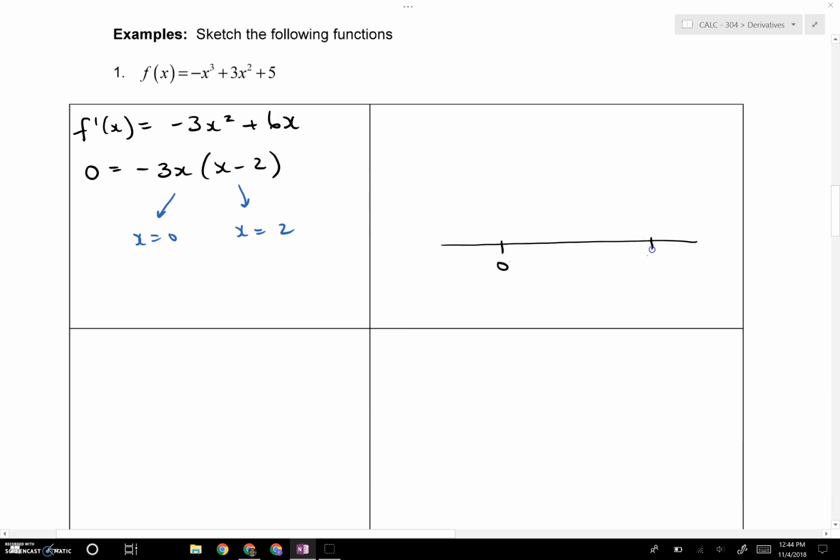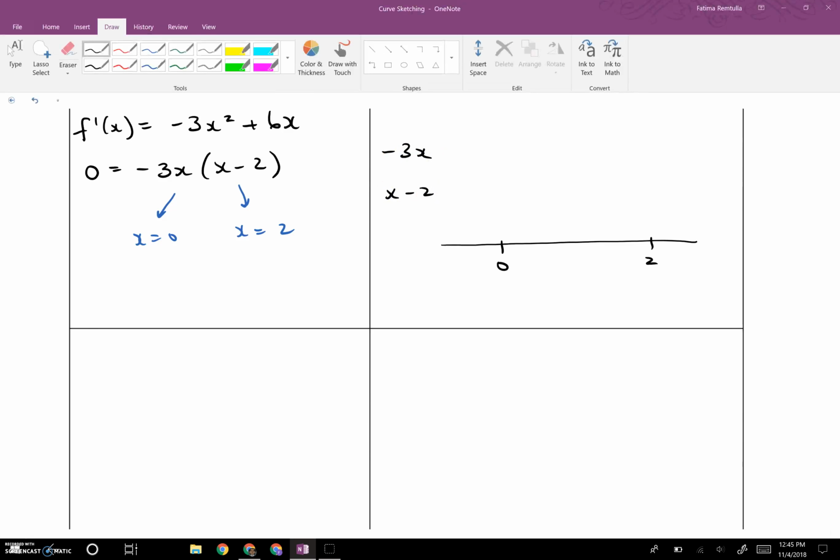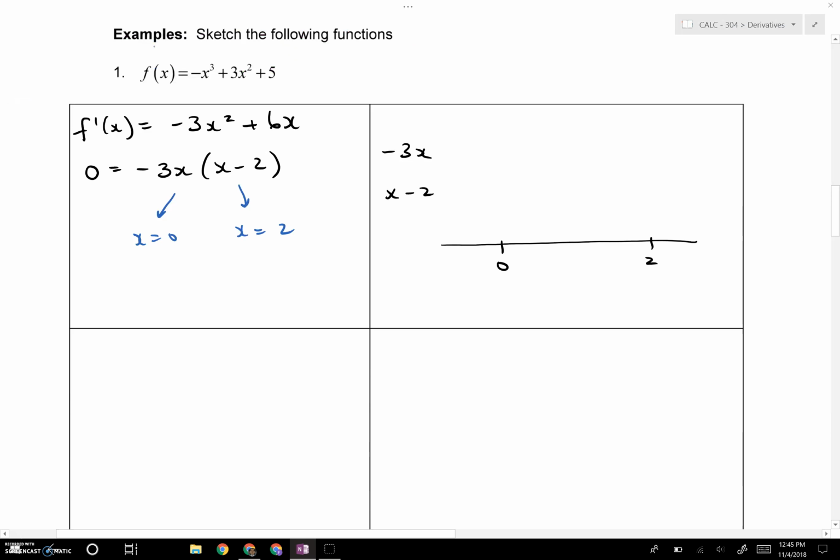Remember, in chronological order. On the left-hand side, I write my factors. I pick some test points, and my test point, something less than 0, so positive and negative, something in between 0 and 2, so let's say 1, negative, and something bigger than 2, let's say 5, that's negative and positive.